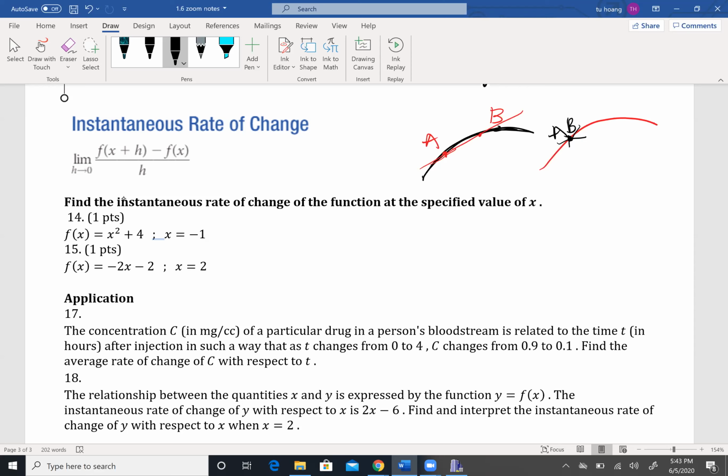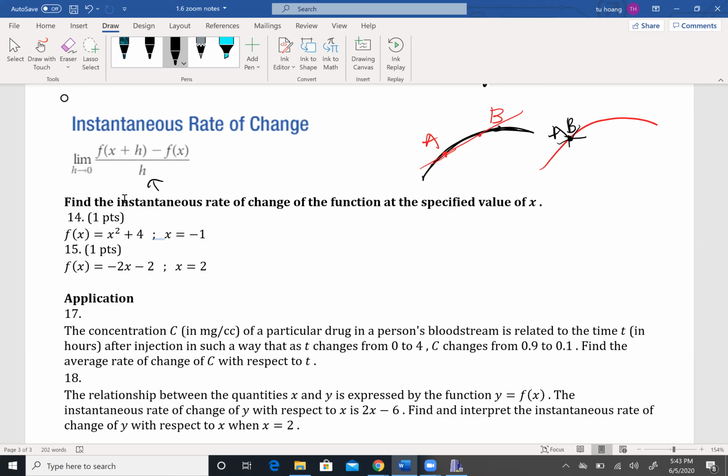So in this case you have to consider the amount of change going to 0, but not equal to 0. I'm going to say that because, why? If it equals 0, then this form becomes undefined, right?